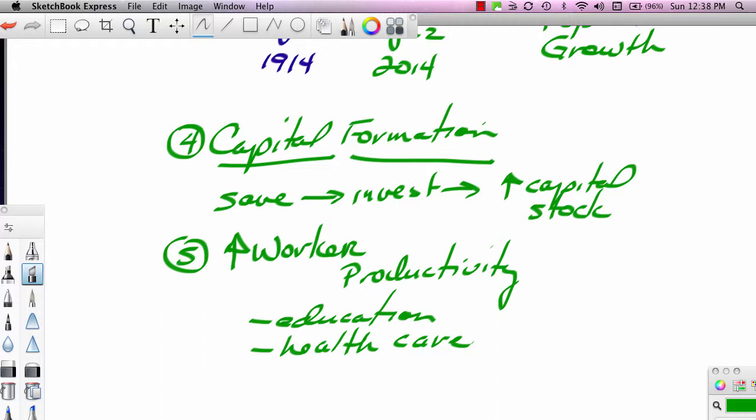If people are more educated, they can compute, they're literate, they can communicate. If they're healthy, these are things that will contribute to greater worker productivity. And we could go on and on and on there.